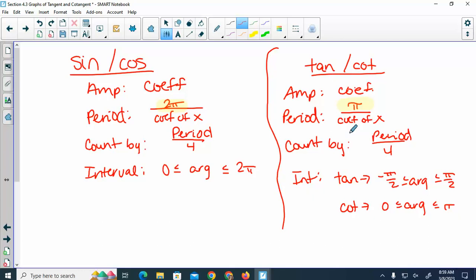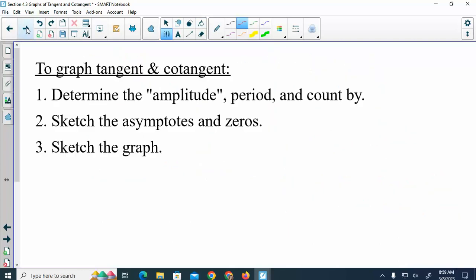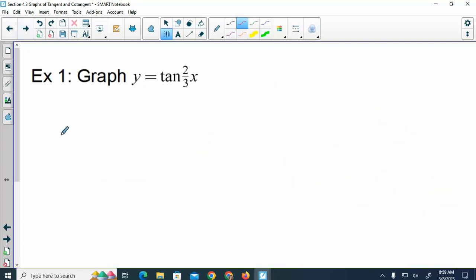So now let's just practice graphing these. If I wanted to graph y equals the tangent of 2/3 x. So my amplitude, again, not really a true amplitude, but we're going to use it all the same, is our coefficient on tangent, so that would be 1.